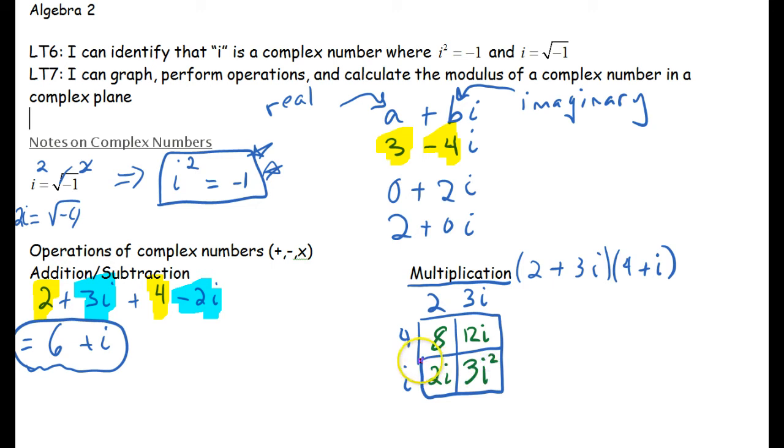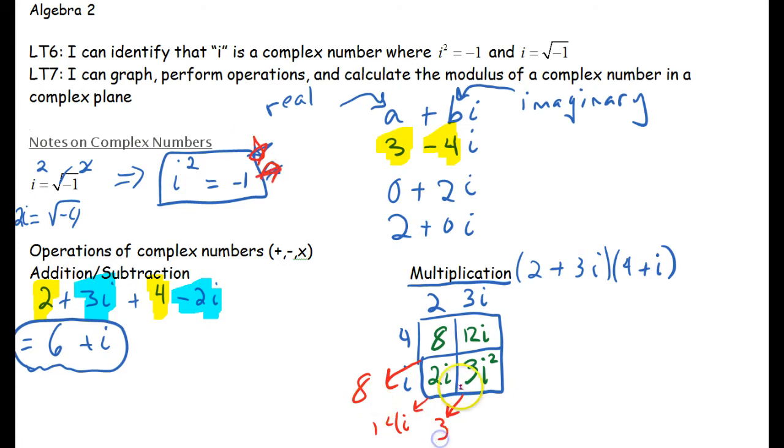Now, like we've done in this area model before, to find the total area of a rectangle, we just add the areas of the 4 rectangles. So here we would have 8, 12i plus 2i, I would get a total of 14 i's, and then 3i squared. Now this is where we want to remember, once again, that i squared is equal to negative 1.